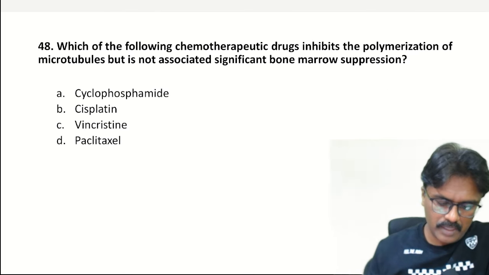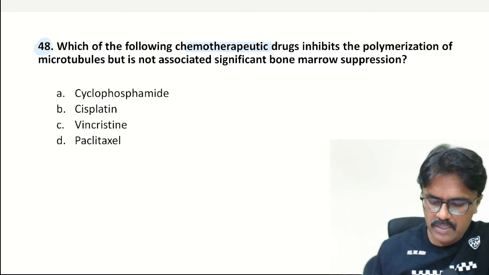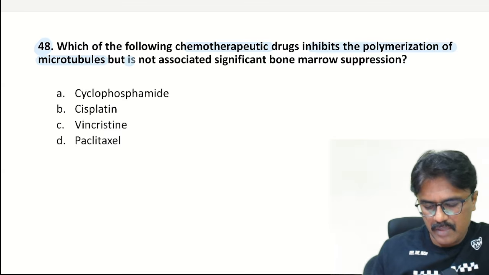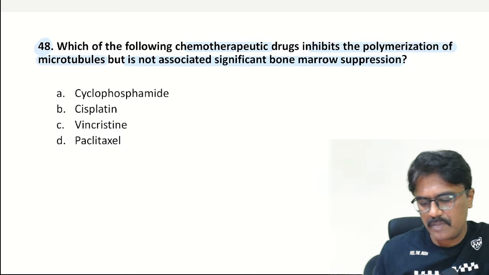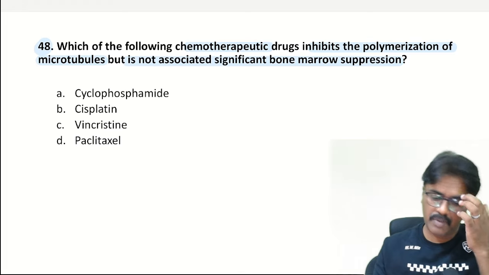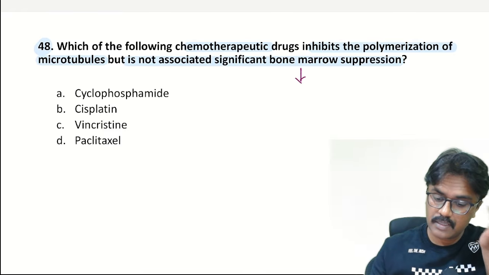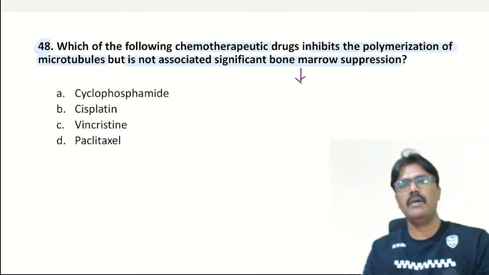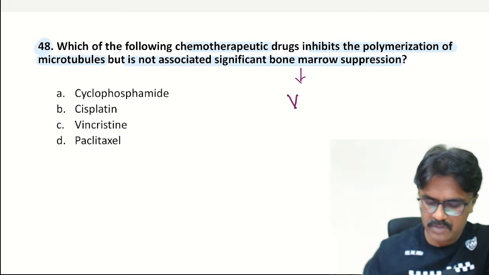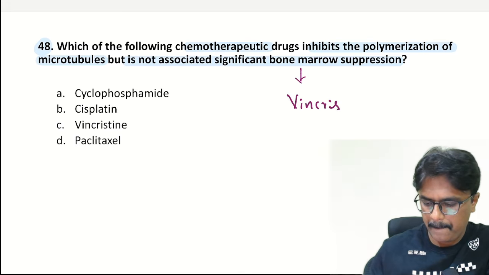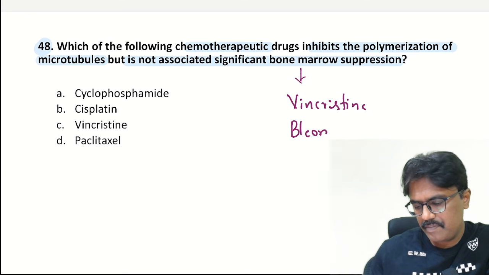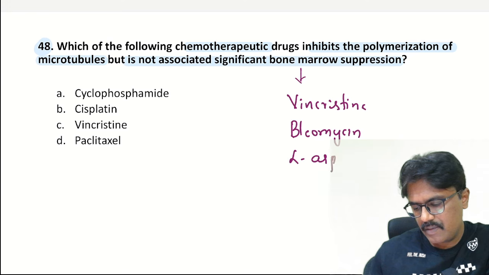Question number 48. Which of the following chemotherapeutic agents inhibits polymerization of microtubules but is not associated with significant bone marrow suppression? See, remember, all the anti-cancer drugs, they suppress bone marrow. But some are bone marrow sparing. Remember the names: vincristine, bleomycin, L-asparaginase.